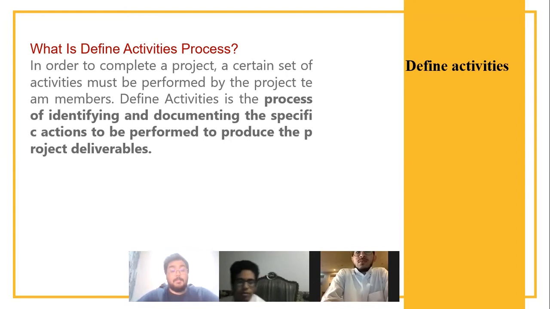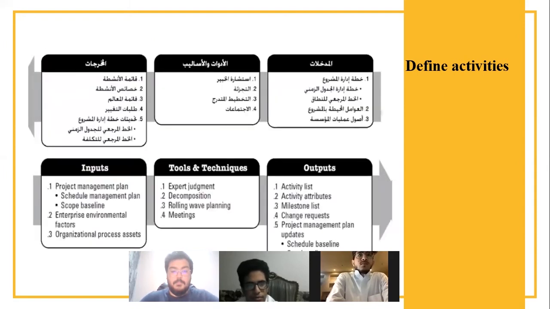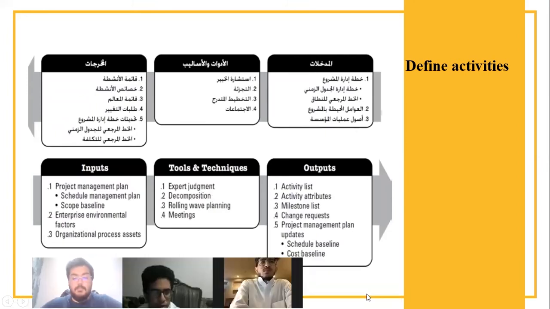As we mentioned before, there are tasks. Every task has activities to be done. It's more detailed. Define activities is more detailed than the WBS. Next. Here we have the inputs: the project management plan, which includes the schedule management plan, and the scope baseline.